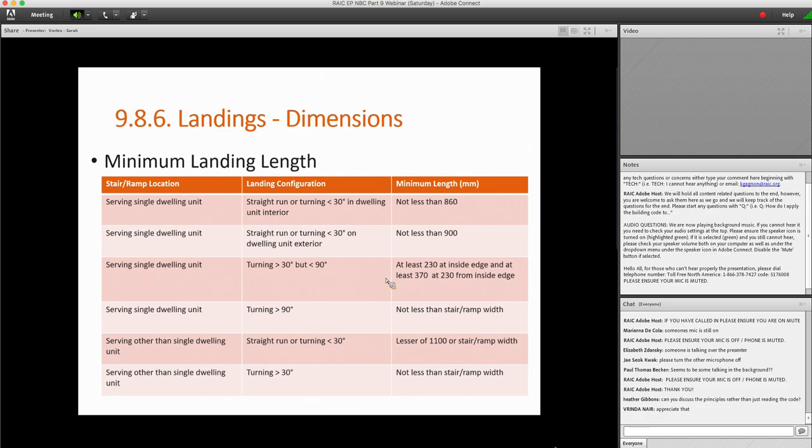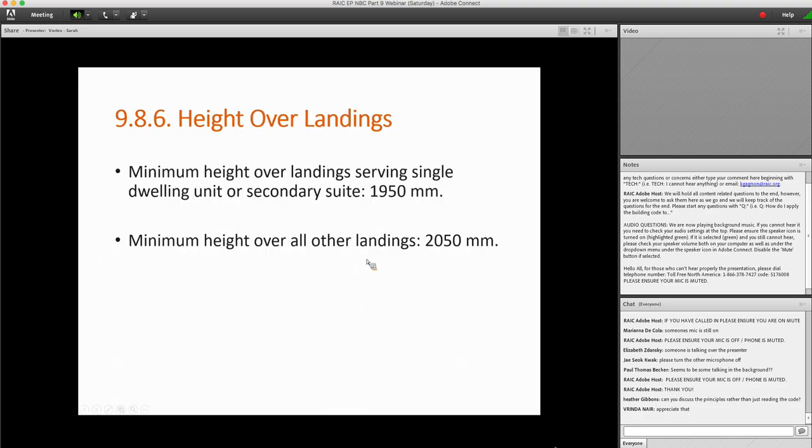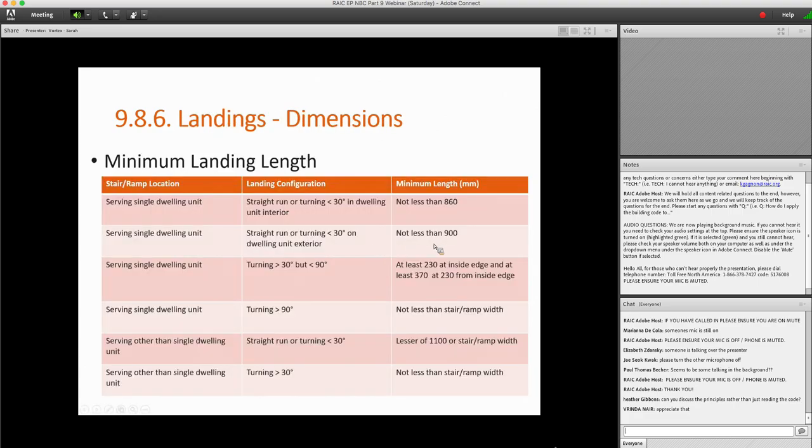Where this turn is greater than 30 degrees but less than 90 degrees, your minimum length has some inside edge and outside edge requirements. So at the inside edge, it must be at least 230 millimeters and at least 370 millimeters at 230 millimeters from the inside edge.